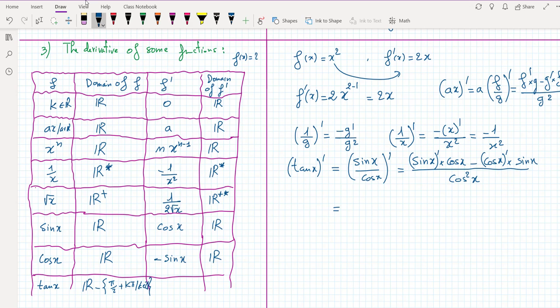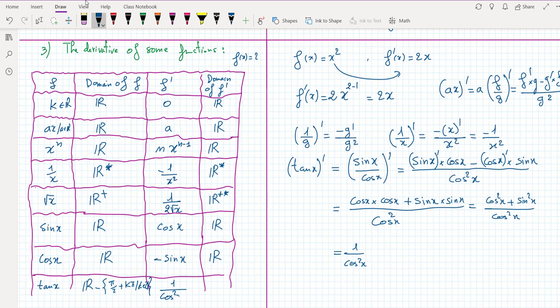The derivative of sine x is cosine x, so cosine x times cosine x, and the derivative of cosine is minus sine, so it's going to be plus sine x times sine x, over cosine squared x. Cosine x times cosine x is cosine squared x, plus sine squared x, over cosine squared x. We know that cosine squared plus sine squared is equal to 1, so it's 1 over cosine squared x. So the derivative of the tangent is 1 over cosine squared x.